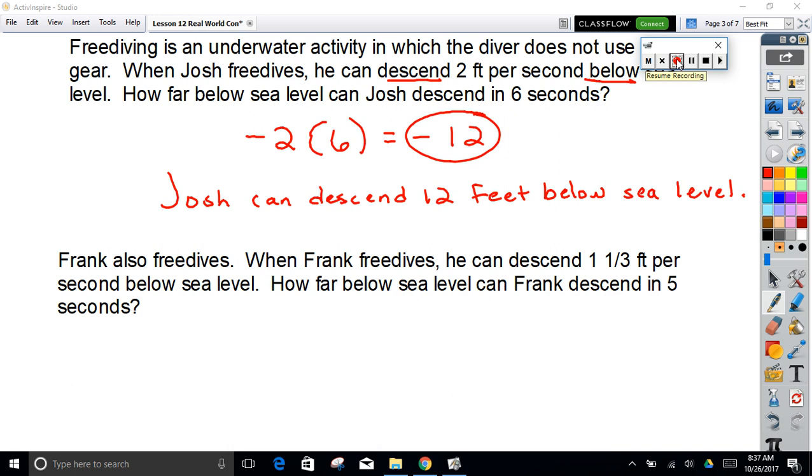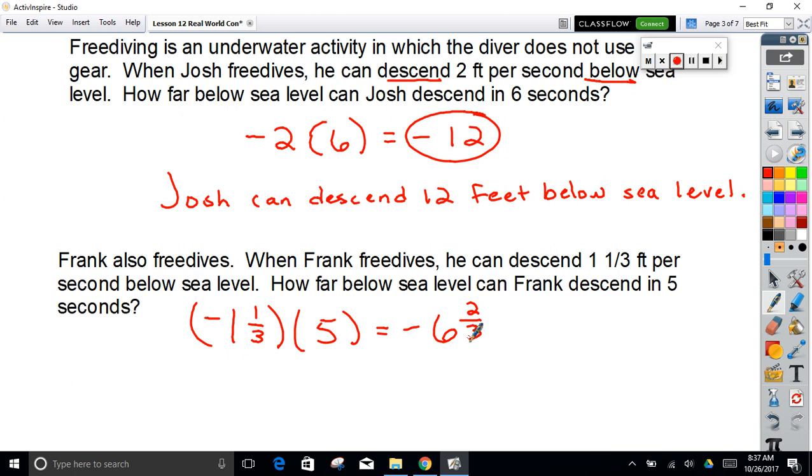Okay, let's take a look at this problem. Kaylin, can you tell me how you solved this? I did negative 1 1/3 times 5. Okay, and what did you get as your answer? 6 2/3. Positive 6 2/3? Negative 6 2/3. So how could you sum this up in a sentence?